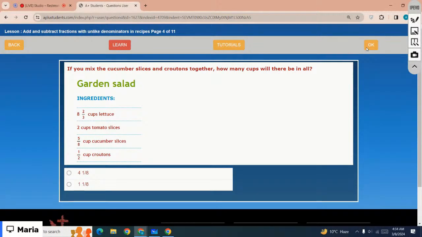If you mix the cucumber slices and croutons together, how many cups will there be in all? So, cucumber is 5 by 8 and croutons is 1 over 2. You have to add 5 by 8 and 1 over 2. So, which is the correct option?